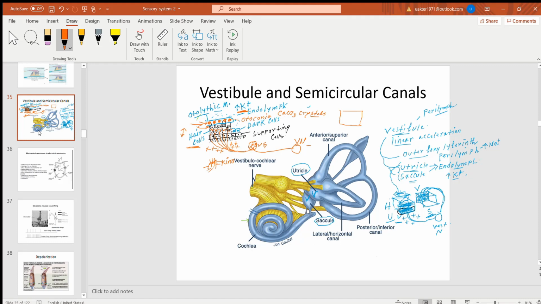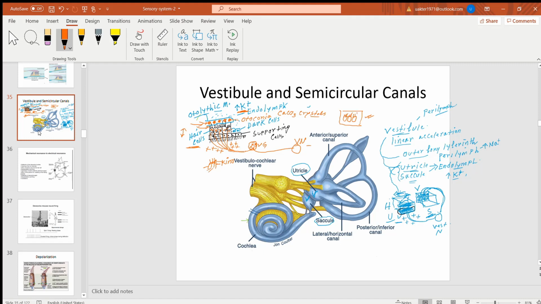Because when your left ear moves laterally, that means the right ear is moving medially, so the opposite direction. So inside the other utricle, the hair cells will be hyperpolarized, that means deactivated. Okay, so these hair cells will be heavily deactivated.